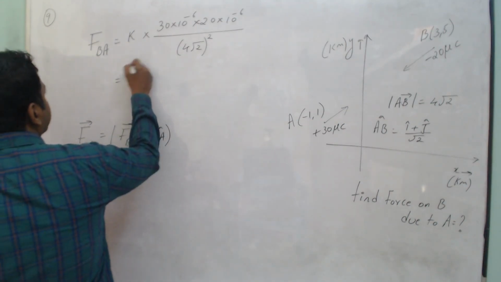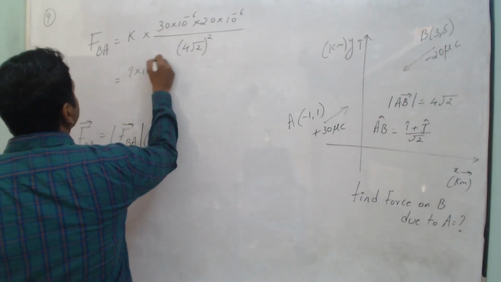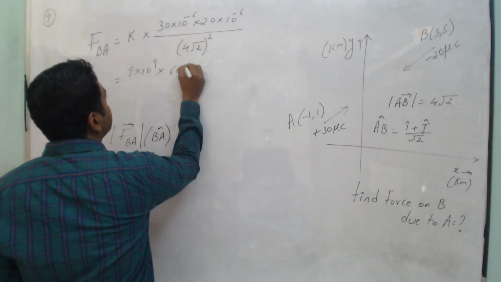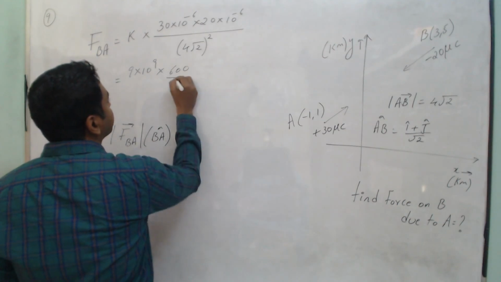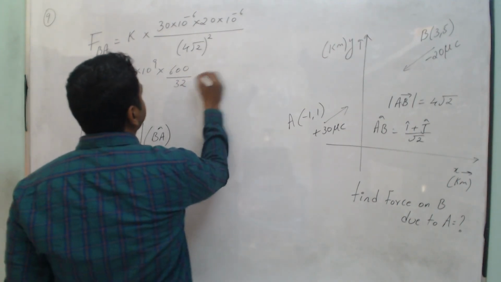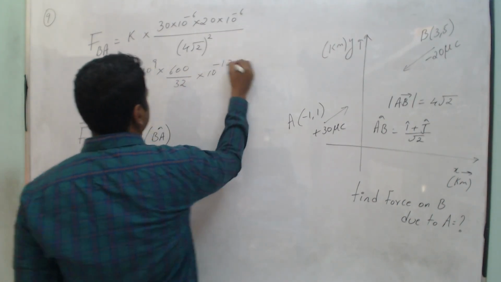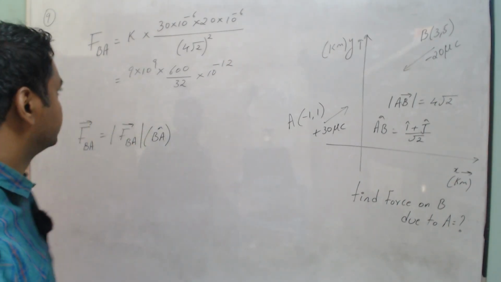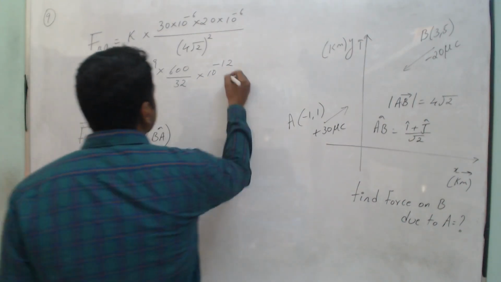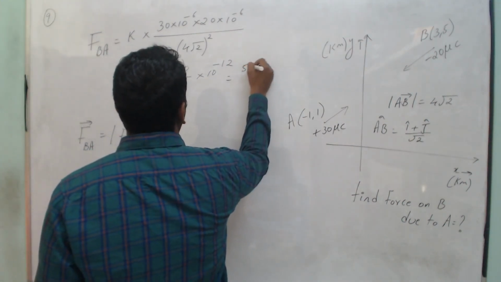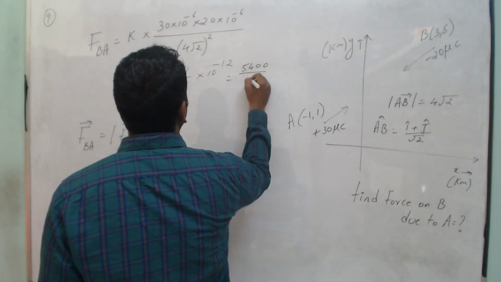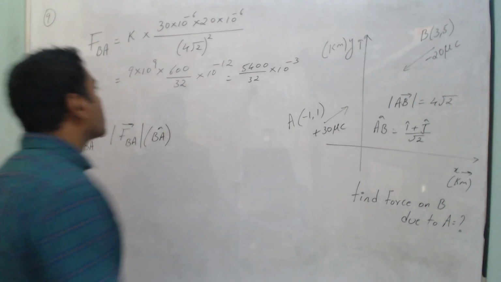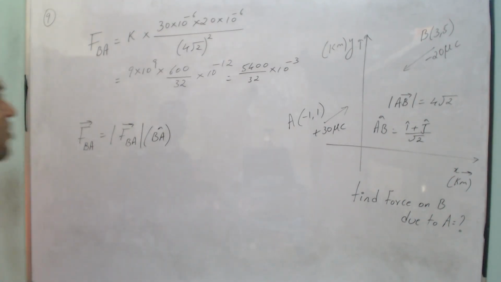So this is 9 into 10 to the power 9 into 600 divided by 32 into 10 to the power minus 12, correct? 9 6 are 54. So 5400 divided by 32 into 10 to the power minus 3, right?